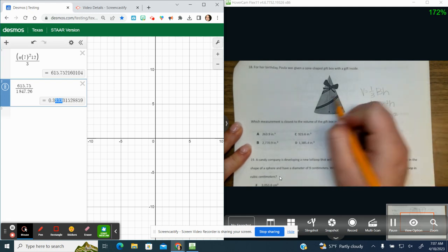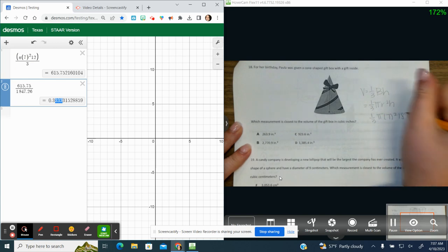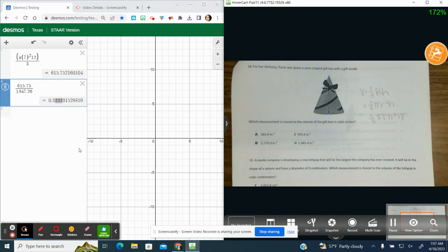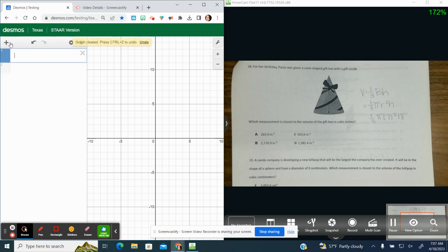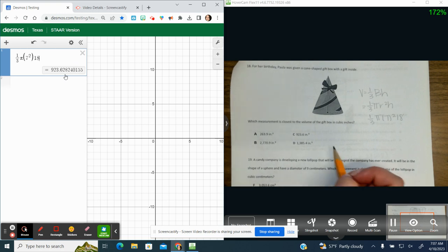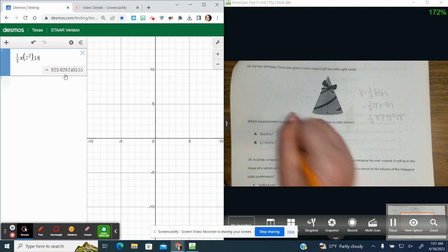And our height is 18. And then we type it into Desmos. So 1/3, pi times 7 squared times 18. 923.628. So answer choice C.